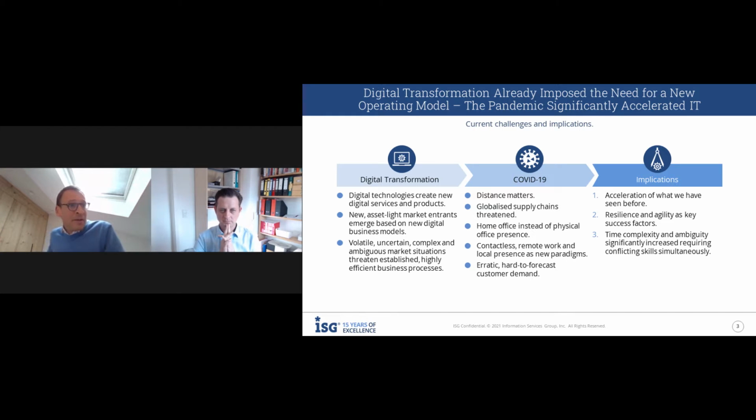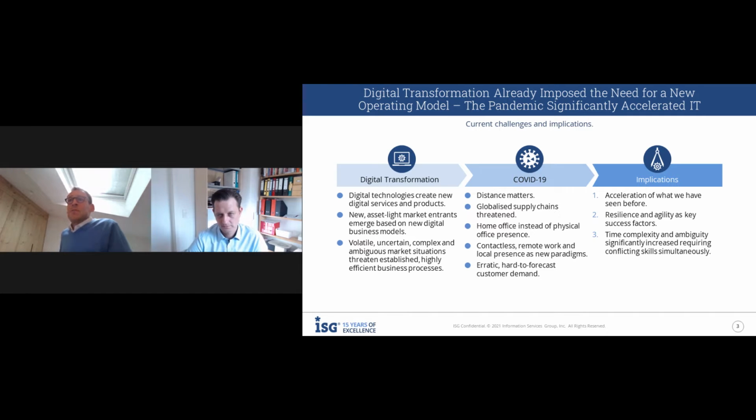I think one topic is really important, and Christian, I'm sure we will discuss this later in more detail. Those topics are not really new. Digital transformation has been there for at least 5 years, probably for the pioneers even longer than 10 years, since the initial journey started.